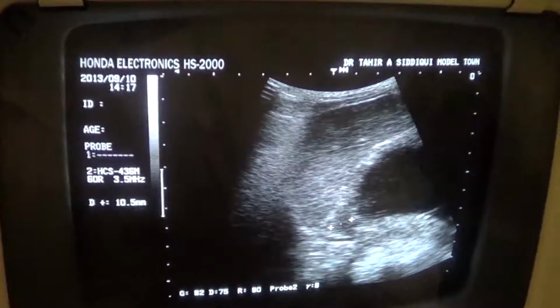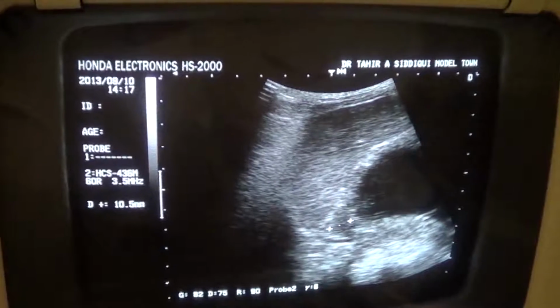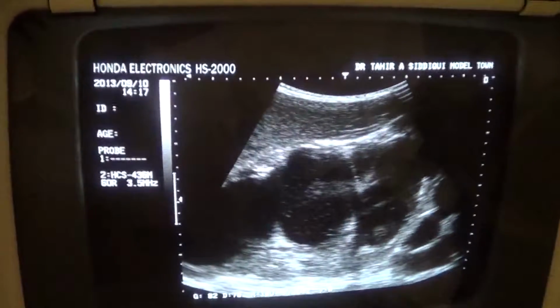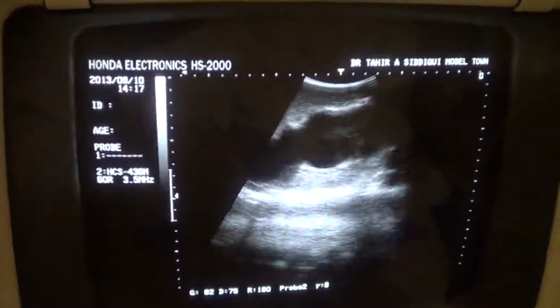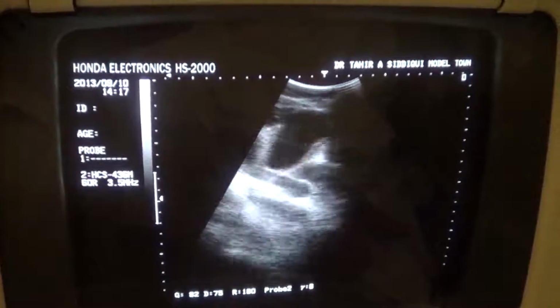This is the liver. This is the upper pole of the right kidney, and here you can see that all the calyces are dilated, upper, mid, and the lower.